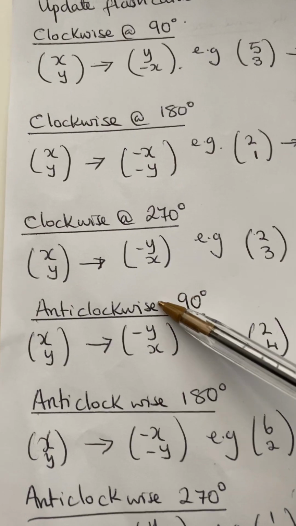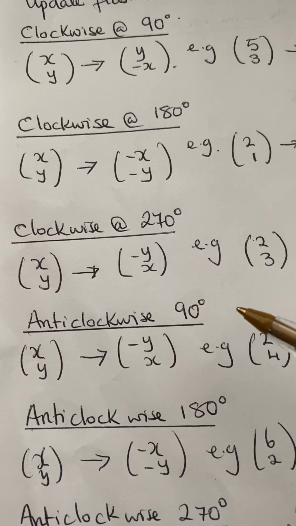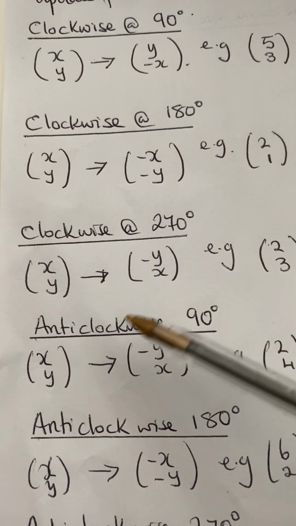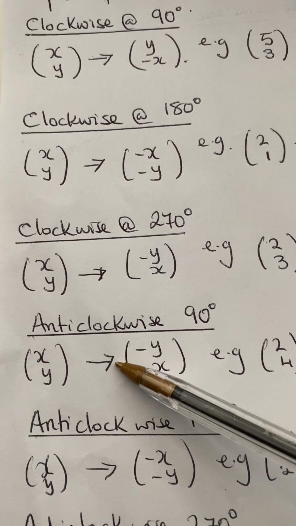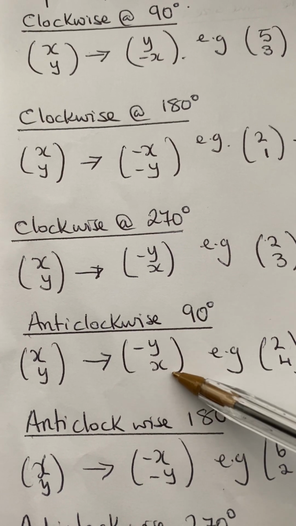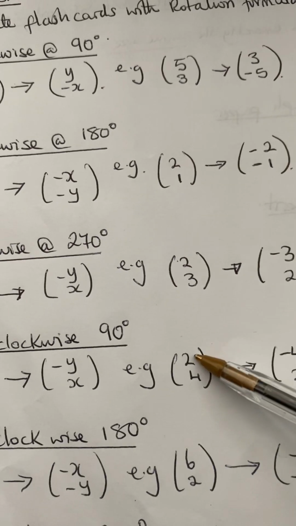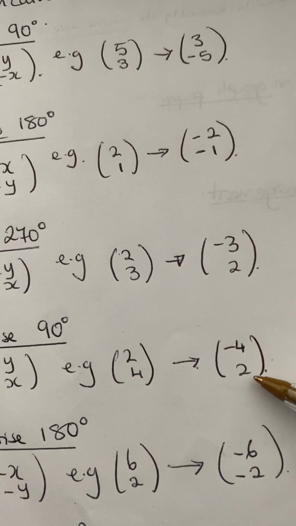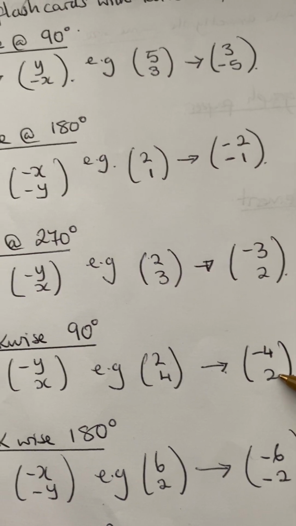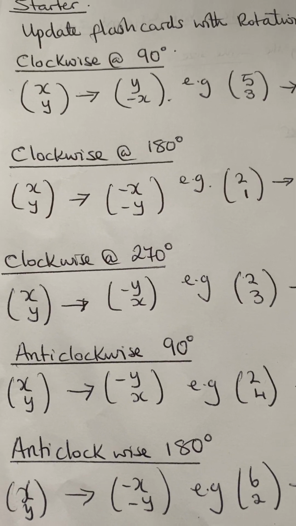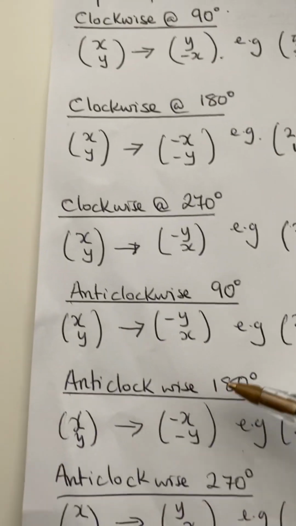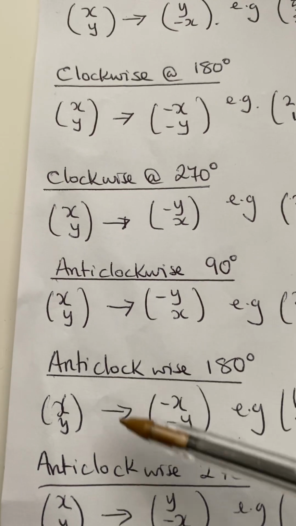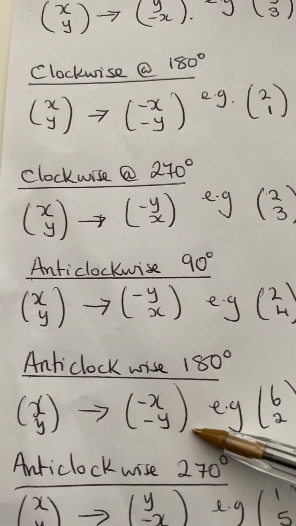Anti-clockwise 90 degrees, so not in the direction of the clock, the other way round: (x, y) will give you (minus y, x). So if you have the point (2, 4), you are going to get (minus 4, 2). We've already said anti-clockwise and clockwise at 180 are the same, so (x, y) will be (minus x, minus y).